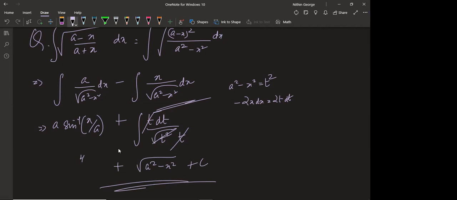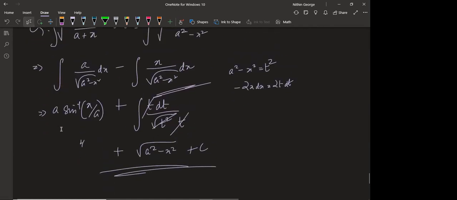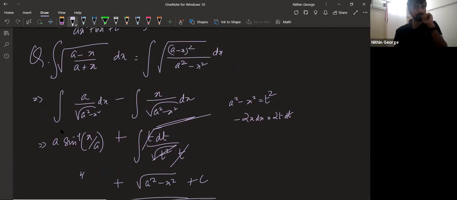Sir, can we apply x equal to a cos 2 theta here? Yes, x equal to a cos 2 theta is good, because you will get root of tan square theta, right?